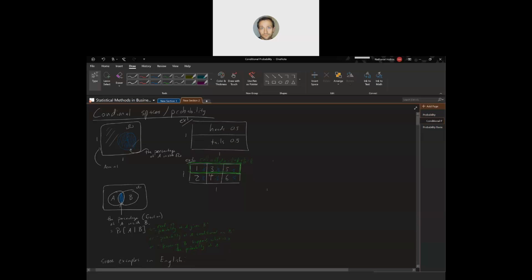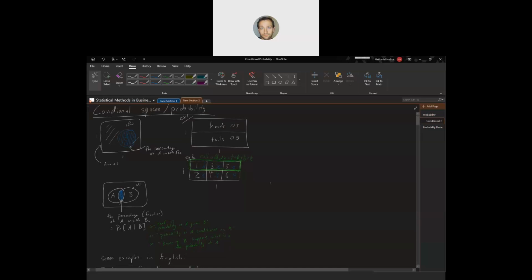That's an example of an event that I could tell you happened. The die was odd. Given that the die is odd, what's the probability of rolling a 1? So let me write that here.